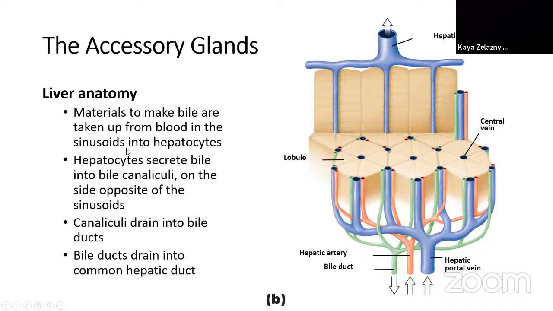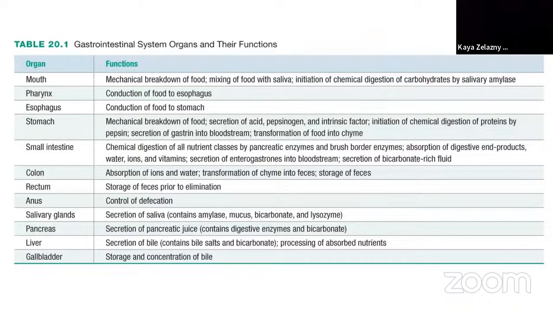So what you want to remember from here is mainly that the hepatocytes are the ones making that bile from the products that we're getting into the blood, and then we're draining it into our bile duct system, our biliary system. Here's an overview of all the parts of the gastrointestinal system and what they are doing functionally.